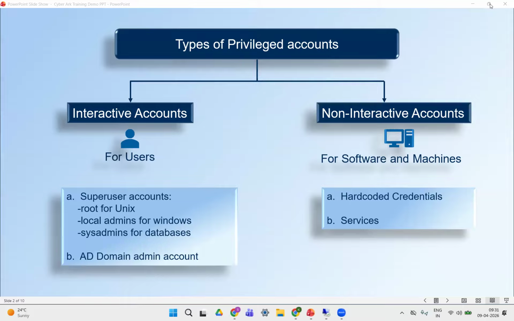That means they have higher permissions, higher privileges, and all of them are used by the admins of the system. Root is used by the Unix administrator, administrator is used by the Windows admin, and sysadmin is used by the database admin. So an account that is used by a user and that also has higher permissions is an example of a privileged interactive account.